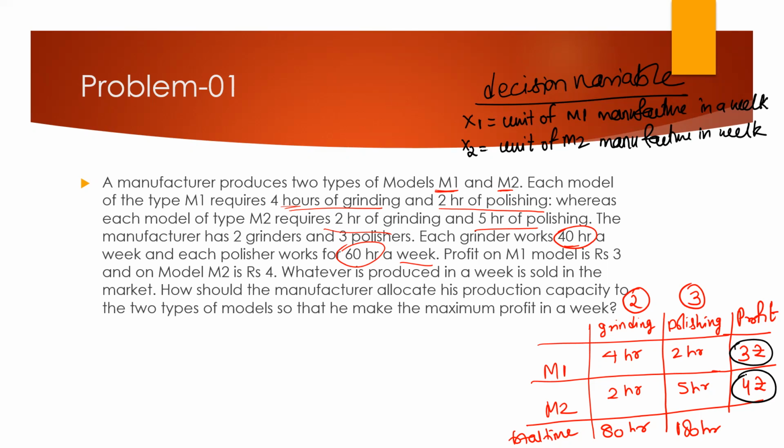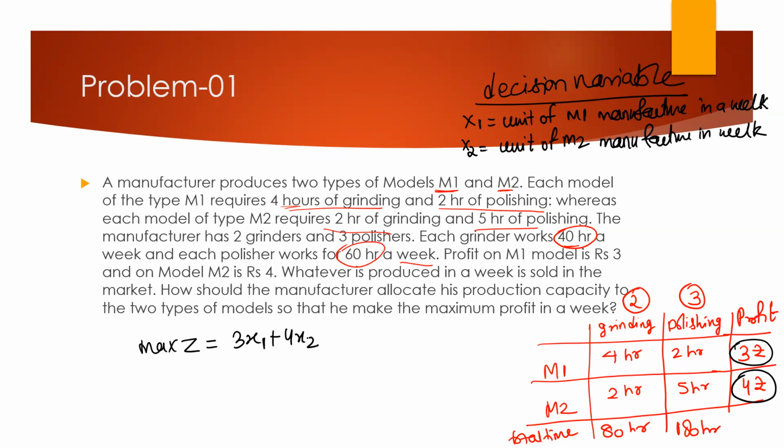So if I manufacture x1 units of M1 and x2 units of M2, my objective function will be maximize Z = 3x1 + 4x2. Whenever we write an LPP, we write the objective function, which is either maximization or minimization. Here I want to maximize this value.